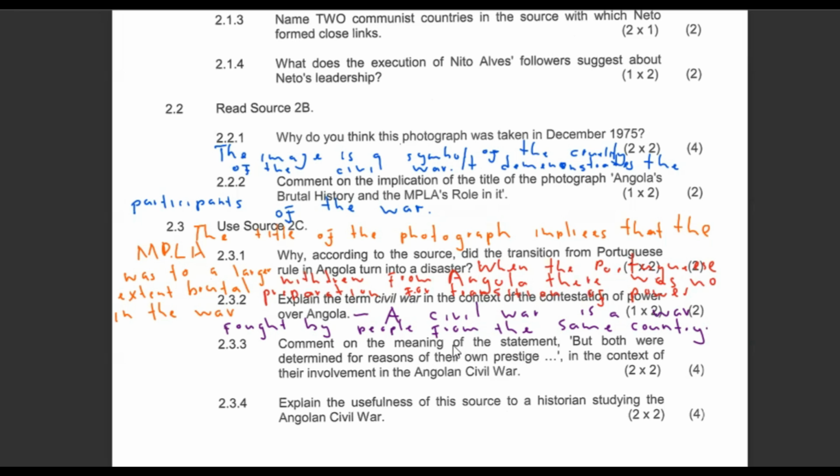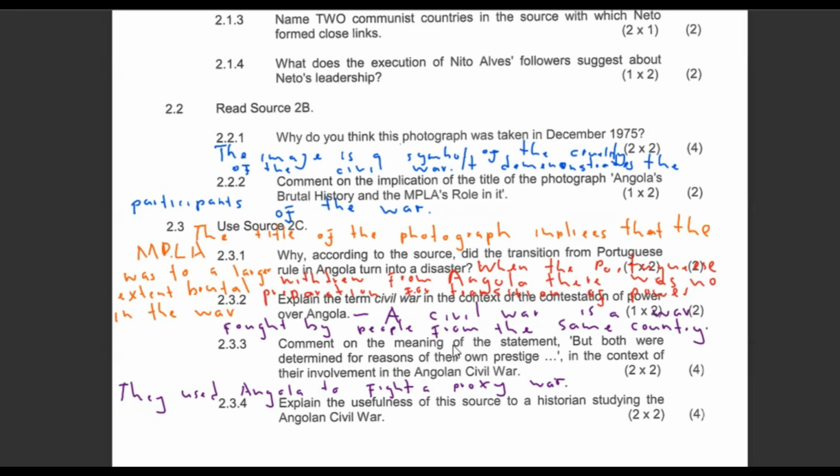The first thing, they used Angola to fight a proxy war. A proxy war is a war which is fought by representatives of two parties which are not actually actively involved.